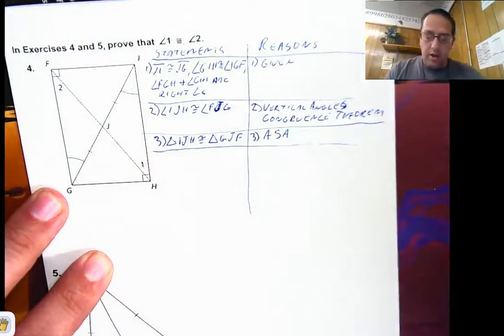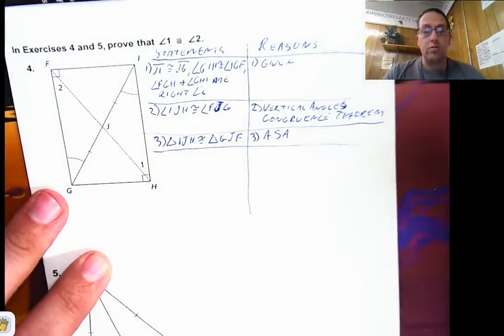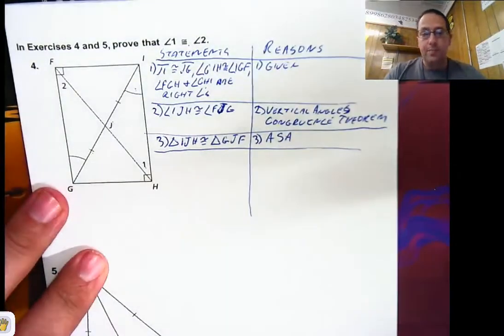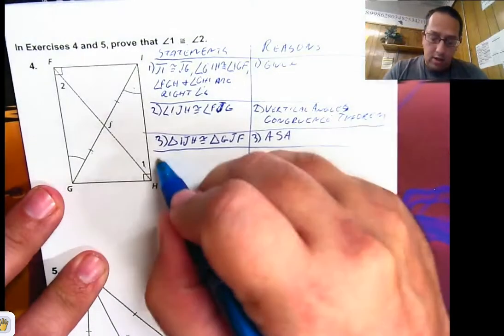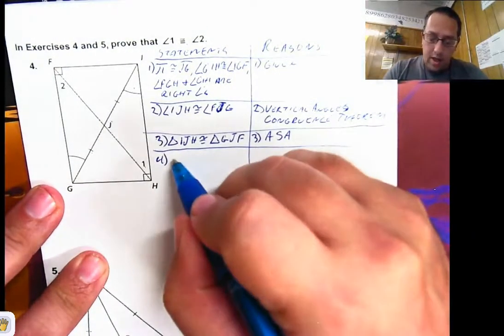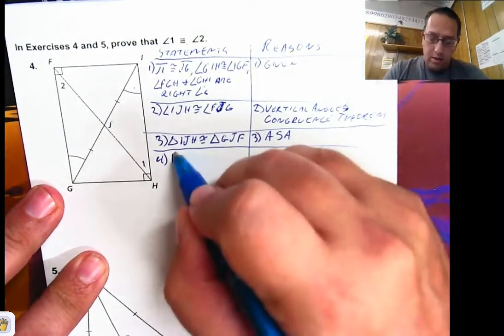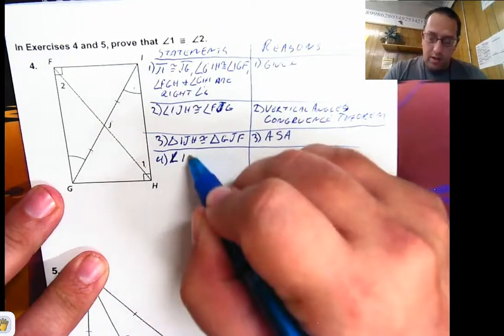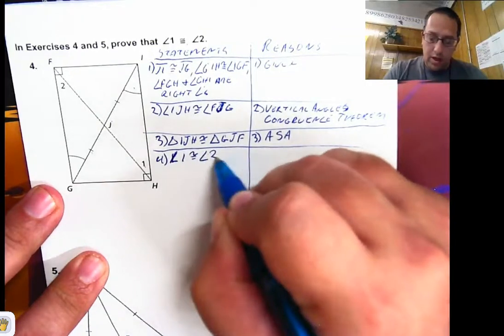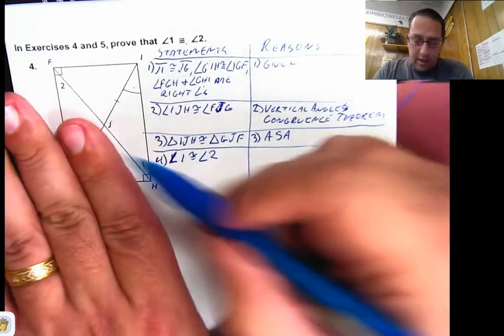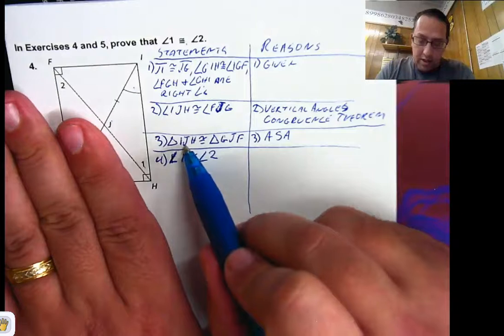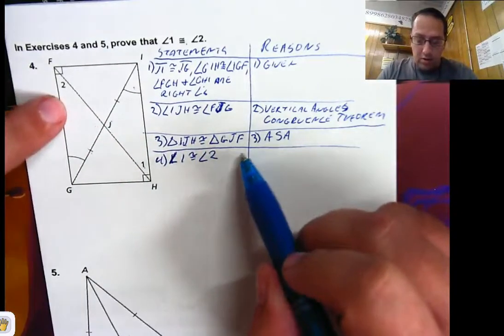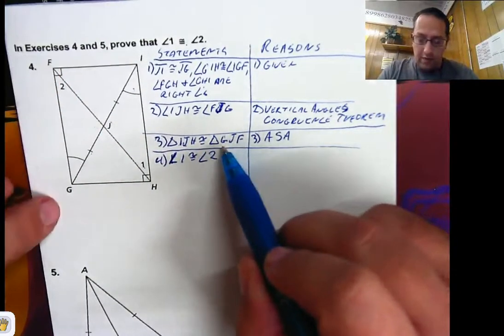Alright, so now that I have that these two triangles are congruent, I know that each piece of the triangle is congruent to its corresponding part, and so that means that angle 1 is congruent to angle 2 because that is JHI congruent to JFG.